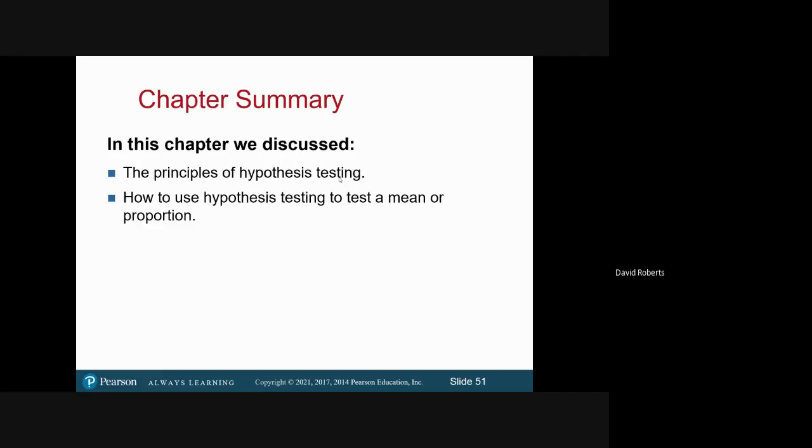So you have to be careful. Like that 52 that we did before, did it say 52 or greater? No, it said more than 52, or over was the exact word. And then we also did hypothesis testing on means and proportions. So hopefully it makes it clear, and it'll become even more clear as we go through some examples.